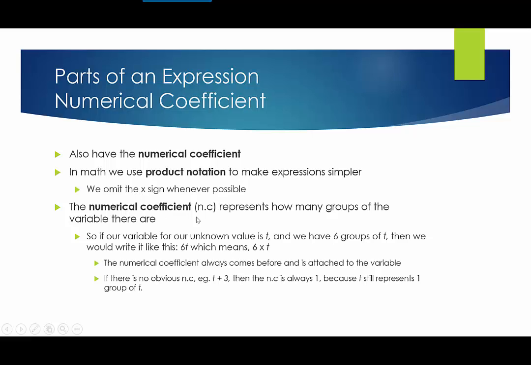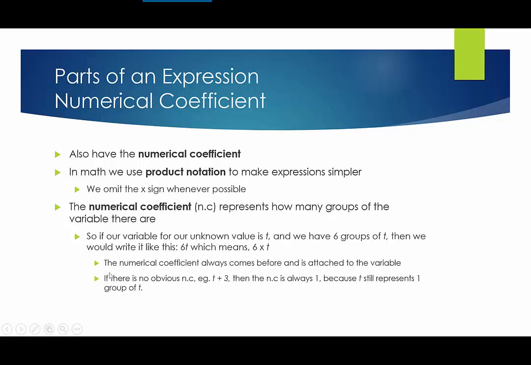So the numerical coefficient is the number that comes directly in front of your variable before any type of operation. So if it's 6 plus t, that's different than 6t. That would be 6 being your constant term, which we'll come to in a minute, and t your variable, as opposed to 6t, which is your numerical coefficient with the number of groups of t we have.